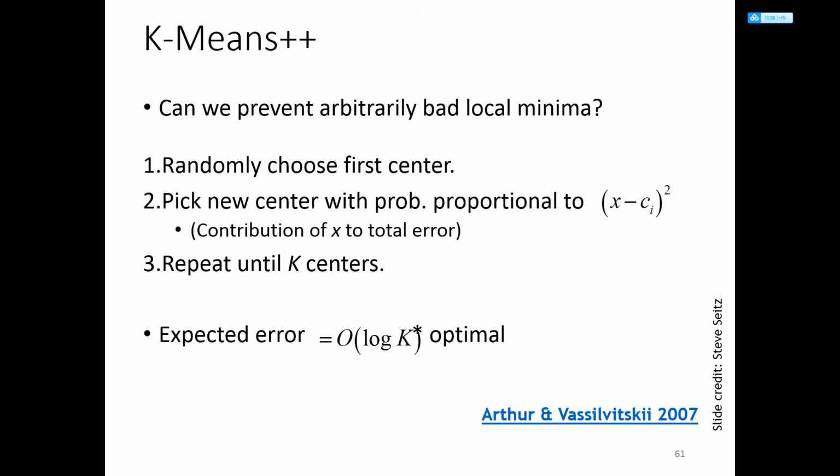This one is a small modification so that you pick the k centers to be more diverse. Each time you pick a new center, it's with probability proportional to the distance away from the existing centers. So you want to pick new centers farther away, and that's about it.